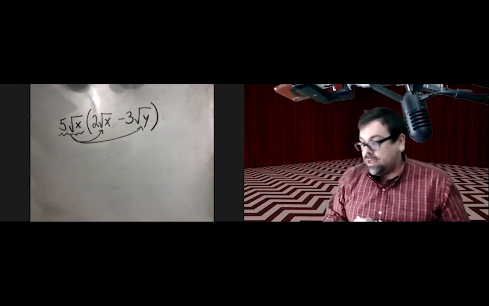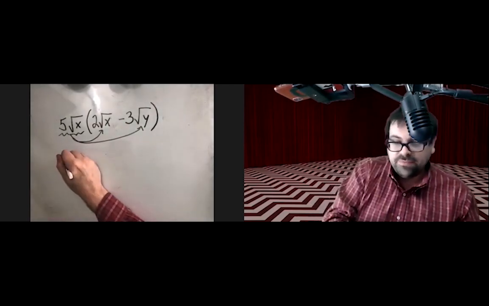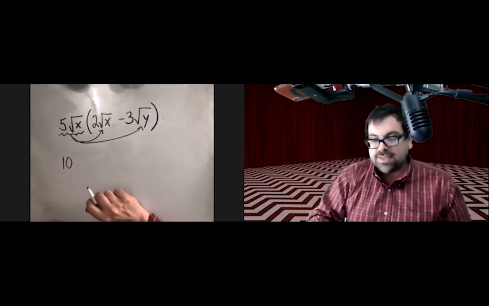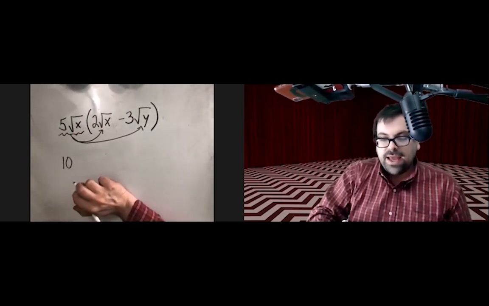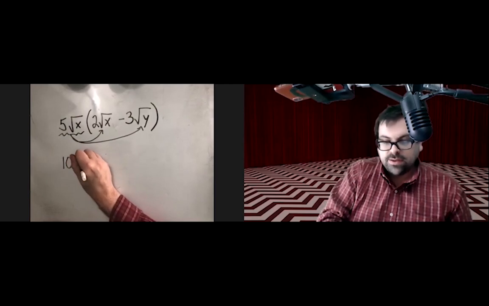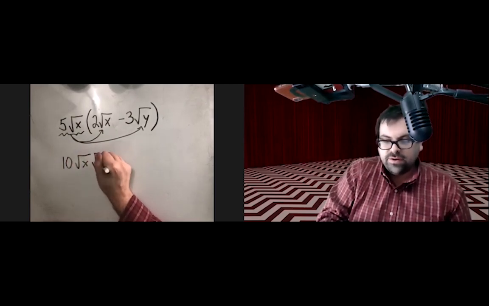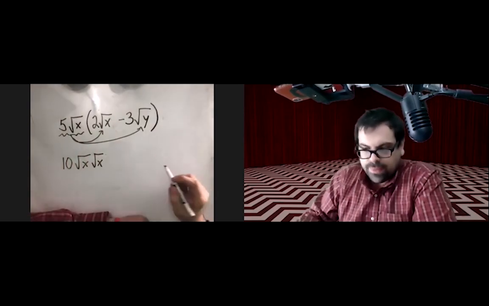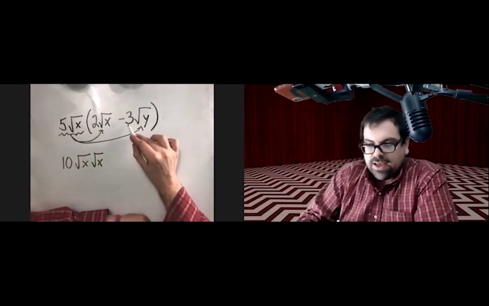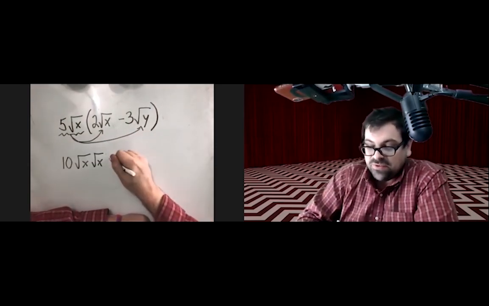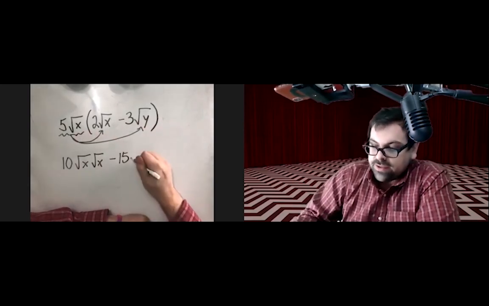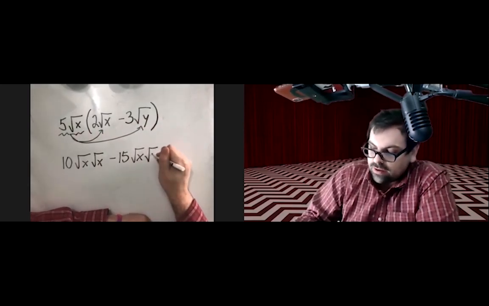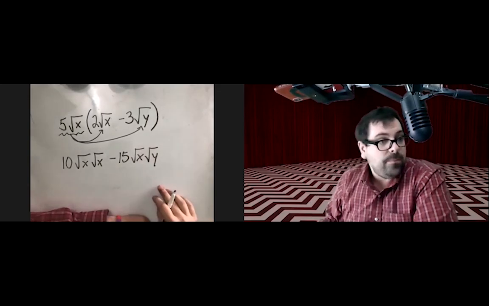We distribute. 5 times 2 is 10. Radical x times radical x, I'll leave that unwritten out for now. 5 times negative 3 is negative 15. Radical x times radical y, I'll leave that undone for now.